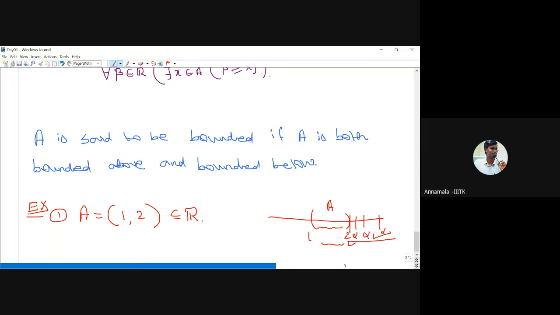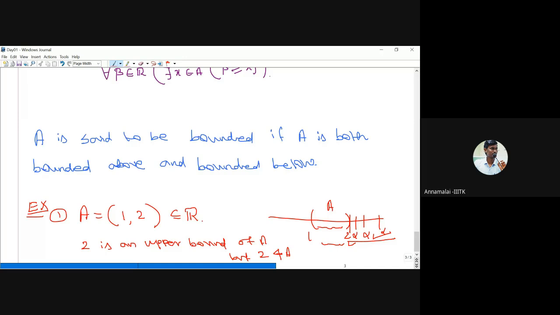But the upper bound is not a member of A. Since 2 is an upper bound, right? But 2 is not an element of A. So 2 is one of the upper bounds of A. But 2 is not a member of A because we take open 2. Okay.